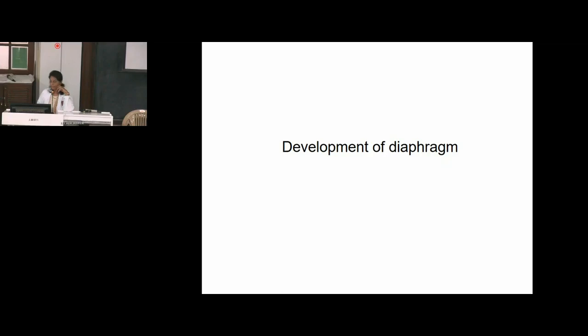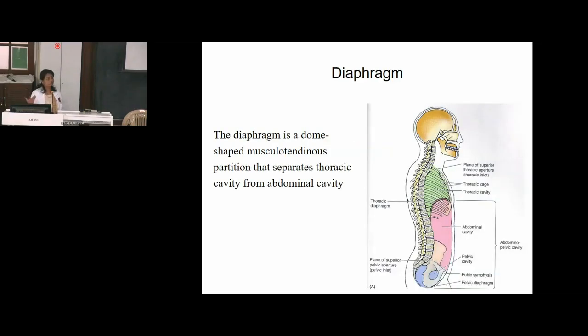Okay? How does it develop? So what are the parts of the diaphragm? What structures do you get when we see the diaphragm? Musculotendinous. It has a muscular part and a tendinous part, right? So it is a dome-shaped musculotendinous partition which is separating the abdominal cavity from the thoracic cavity.